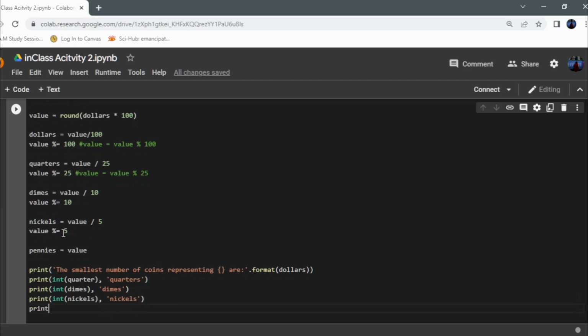Then the last one, print and pennies. Alright, now let's see.